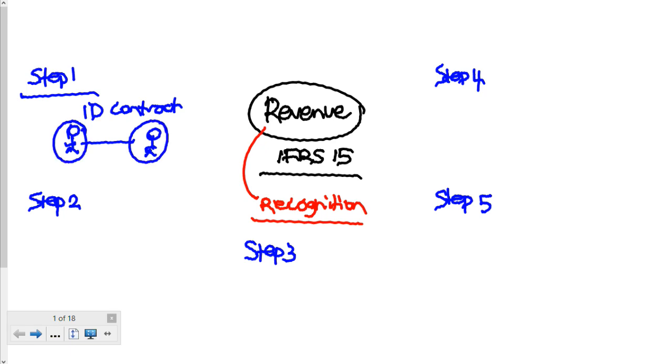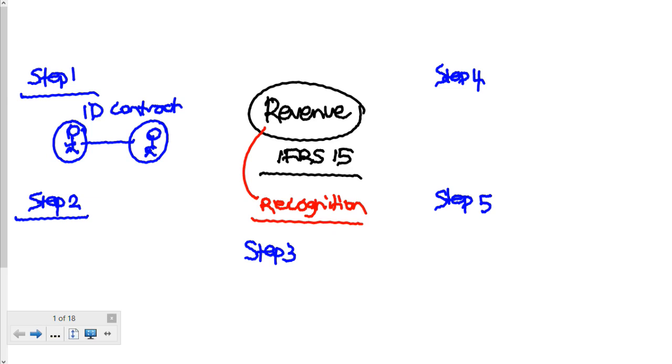Usually the seller has an obligation and the buyer has a right, isn't it, to receive goods. We need to identify that there is a probability that goods will be transferred between the two. So it's just really the first step of identifying the contract.